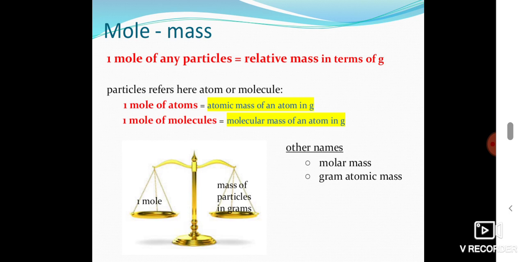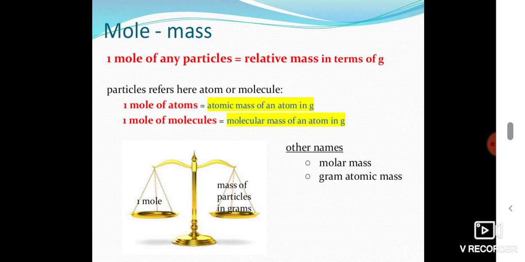So any 1 mole of substance is equal to the relative mass in grams. That means relative mass is expressed in grams. How many grams of substance are present in it? Here the particle refers to an atom or molecule.